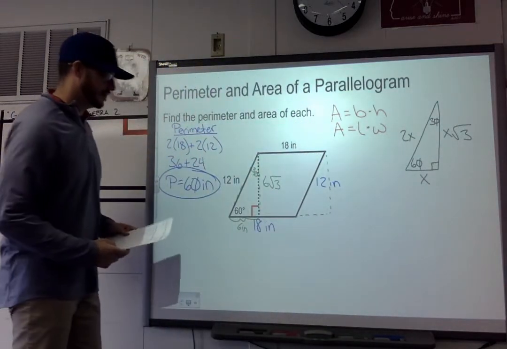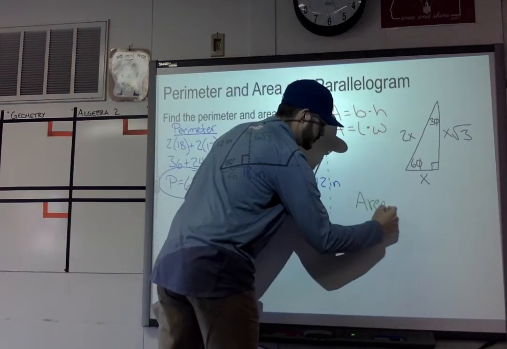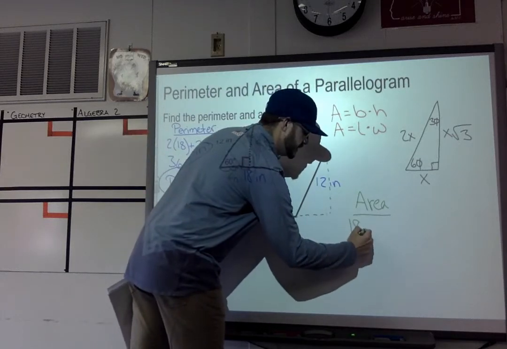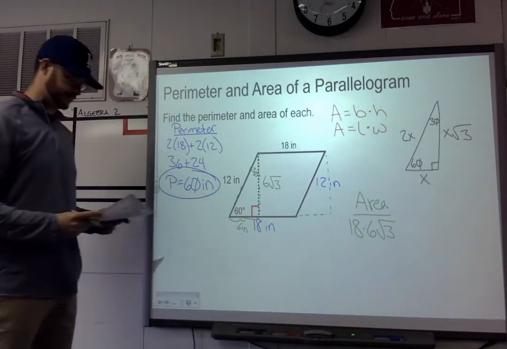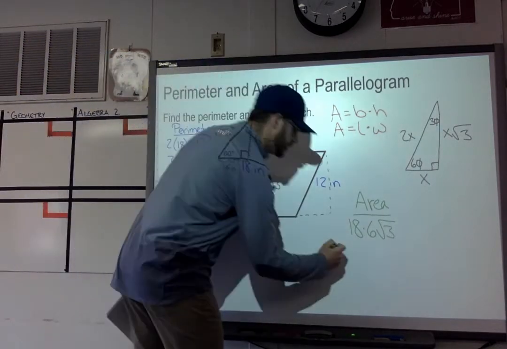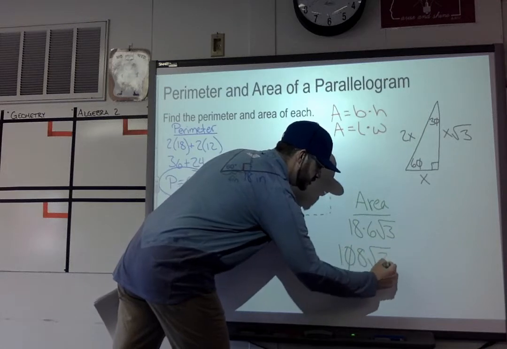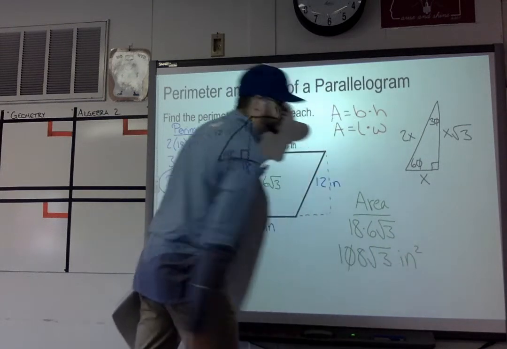So now in order to find the area, we're going to do the base times the height. So 18 times 6 root 3. When we do that, we are going to get 108 times the square root of 3 inches squared.